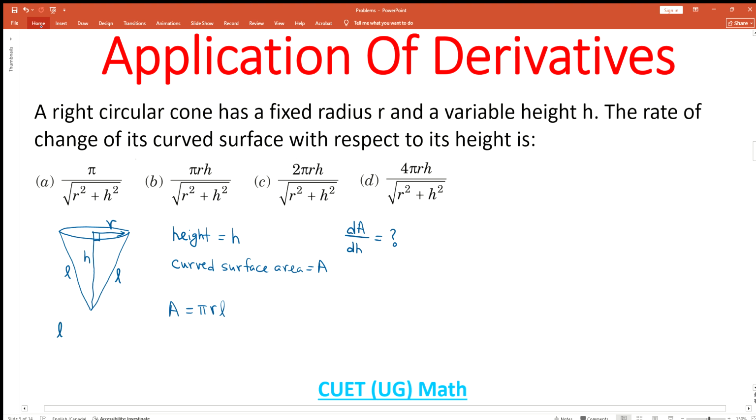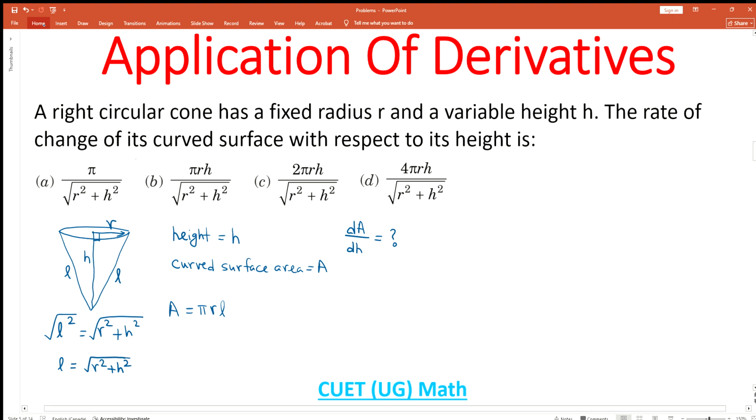As per the Pythagorean theorem equation, L square equals r square plus h square. We can apply square root to both sides. I get L equals square root of r square plus h square.